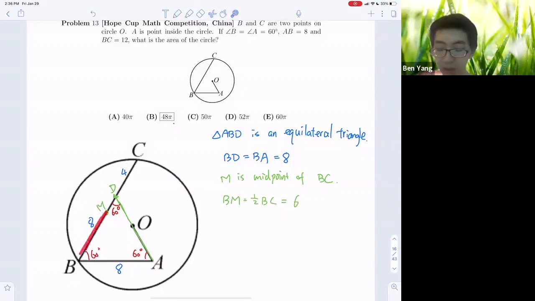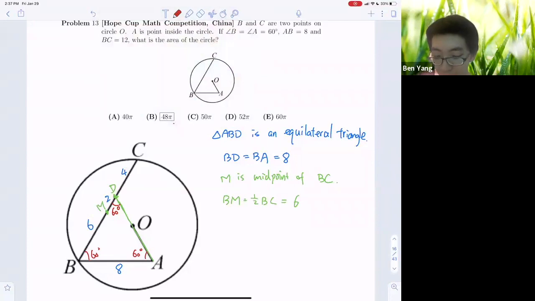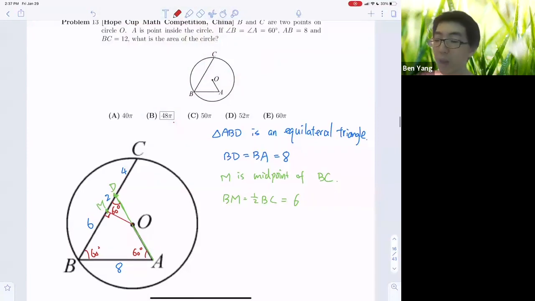BM is equal to 6. That means MD is equal to 2 because the total length of BD is equal to 8. So we have BM is equal to 6 and MD is equal to 2. So if we connect O and M, we know that OM is perpendicular to BC because M is the midpoint of the chord BC.